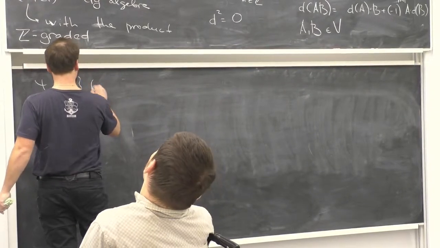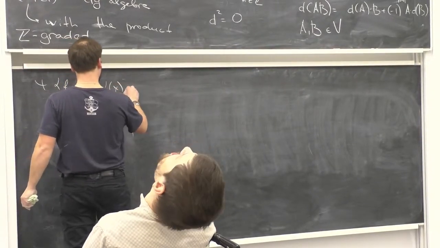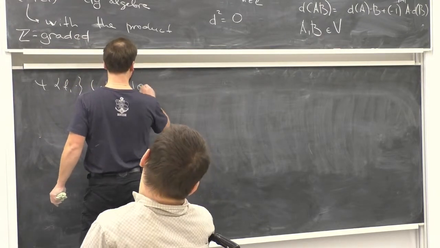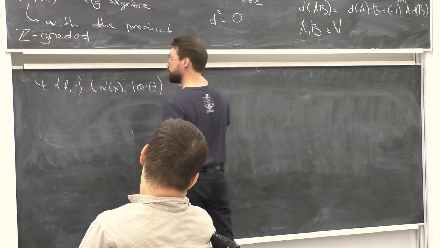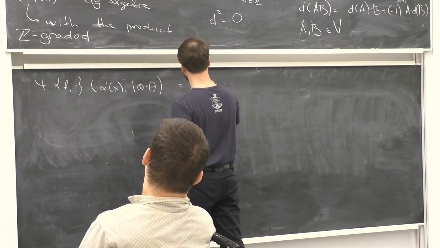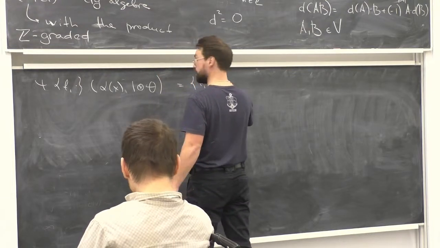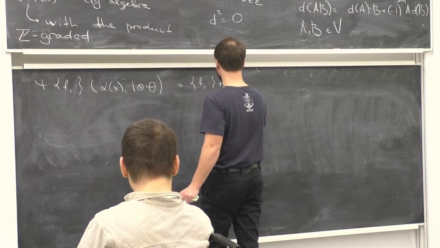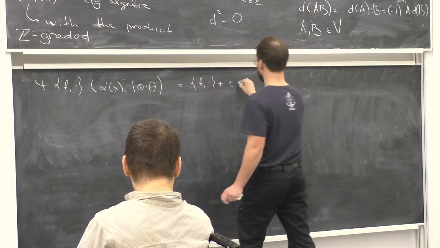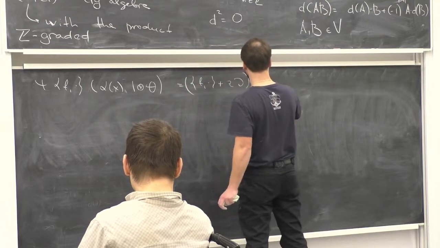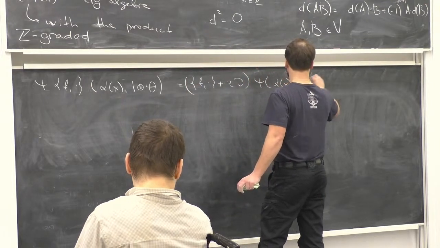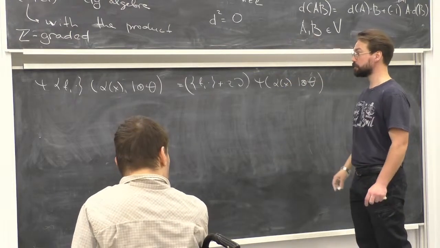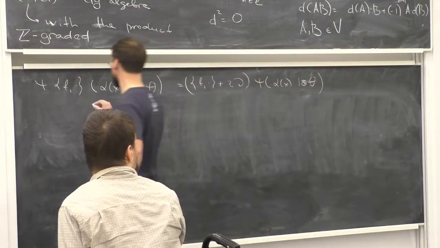This applied to alpha x 1 theta should be equal to bracket f plus z d psi of alpha x 1 theta. So what is this?